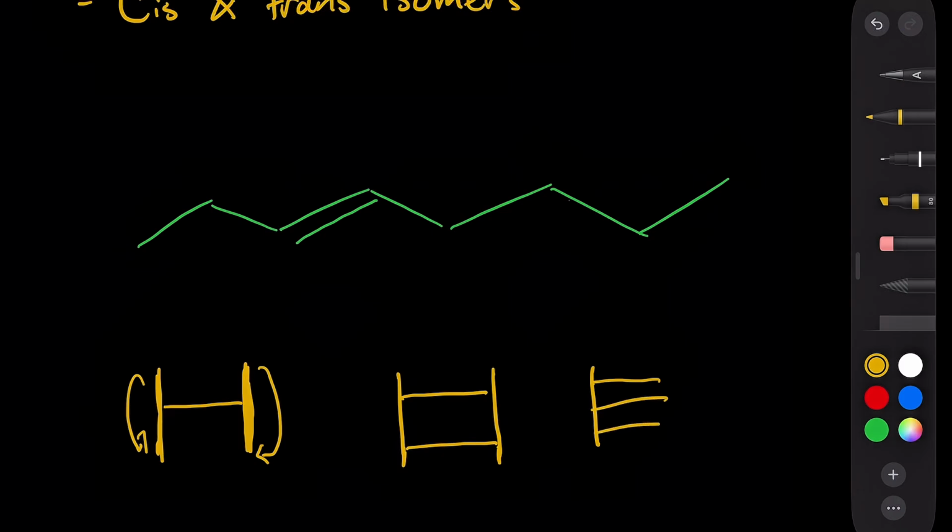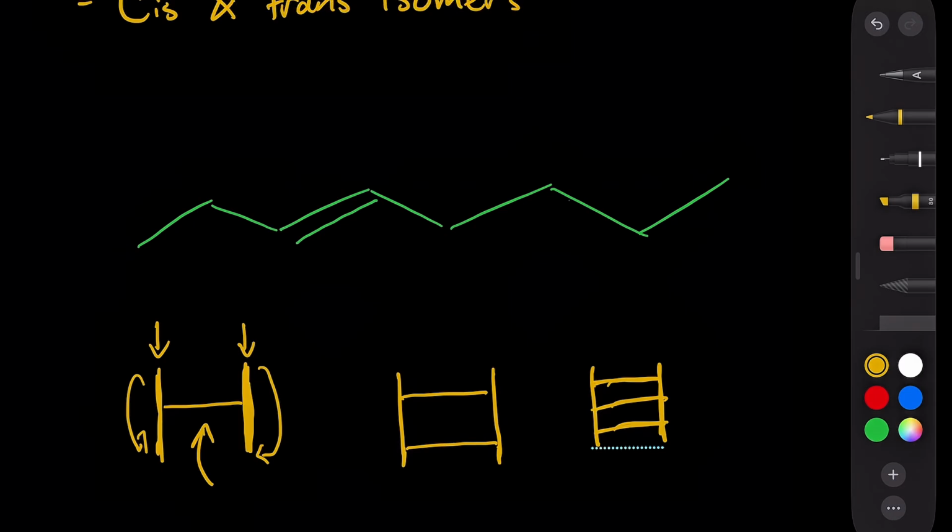If you have three rods of wood in between these two rods, you wouldn't be able to rotate it very well. So these end posts here represent two different atoms, and the in-between rod represents a bond.